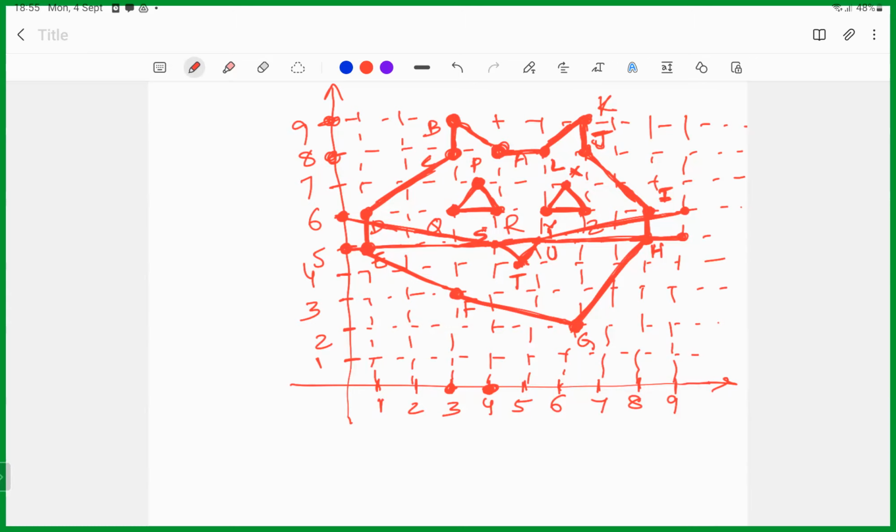Did I miss some point? What is F? F is 3. G is, here is wrong. Mine is wrong. G is 6 comma 3, right? G is 6 comma 3.